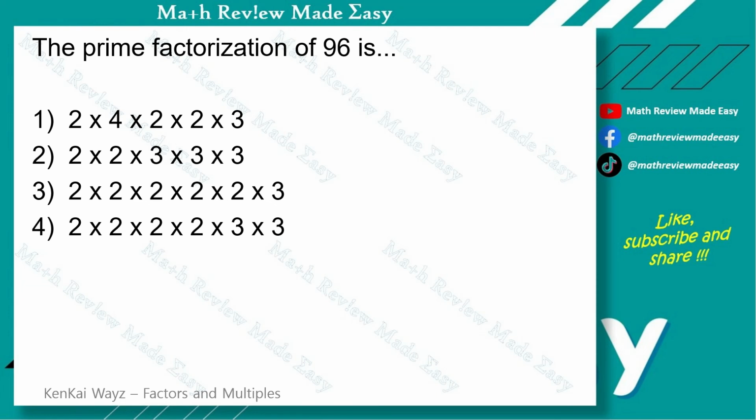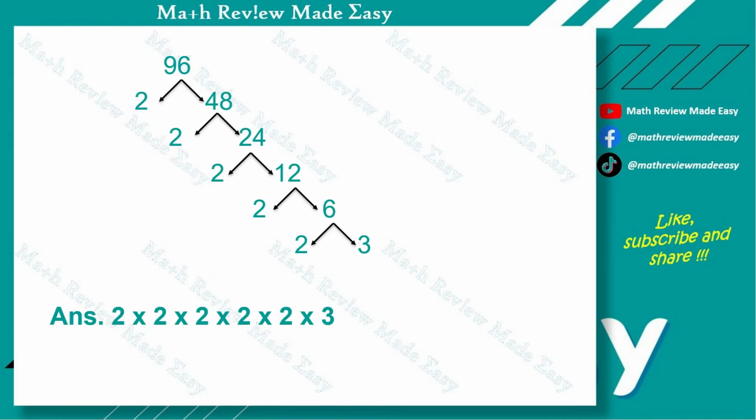Let's have an example. I suggest, i-pause muna natin para makapag-practice tayo magsagot. So, for this example, the prime factorization of 96 is what? Okay, let's answer. Sa 96, ang factors niya, it can be 2 and 48. Yung 2, again, wala na siyang factor. So, punta tayo kay 48. Ang factor ng 48 can be 2 and 24.